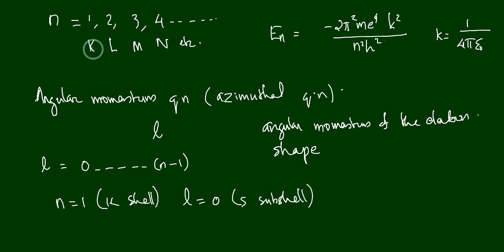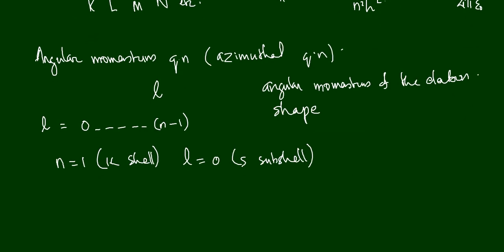So from the shell, we have reached the subshell. Initially, we had the principal quantum number, from which we have the shell, and from the shell, now we have reached the concept of subshell. Within the K shell, there is only one subshell, that is S subshell. If n is equal to 2, that means L shell.